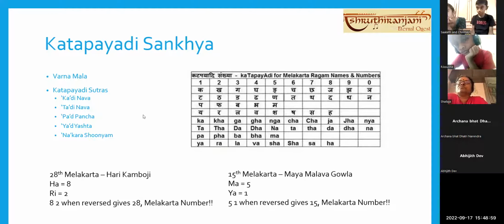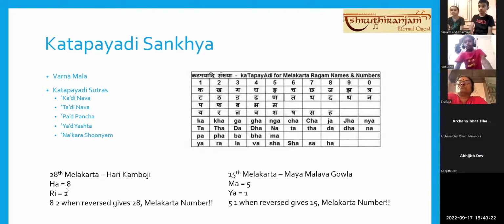Okay. Now, look at the 28th Melakarta, for example, Hari Kamboji. What is the name starting with? Hari. Take the first two syllables. Ha-ri. What is the number for Ha? Ya, Ra, La, Va, Sha, Sha, Sa, Ha. Ha's number is 8.